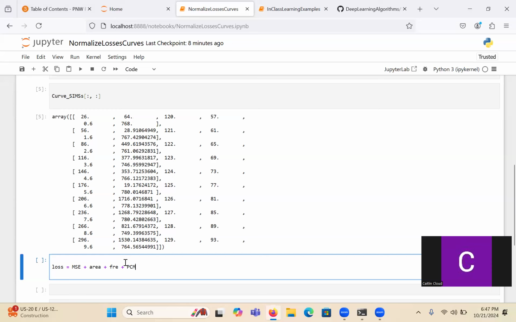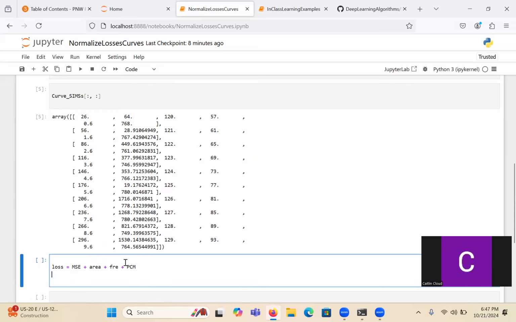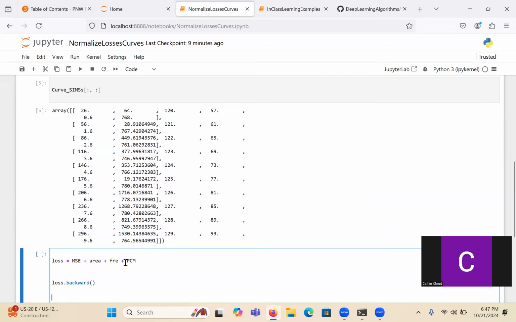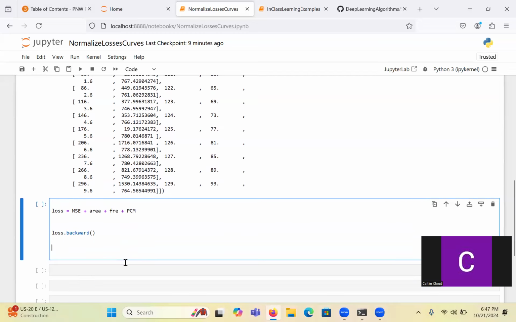So when you do loss backward, which is the next set of Jupyter cells, what do we do, right? That's where we take the derivatives and then take a step to update the weights based on the information. What is this information? It is what is in loss.